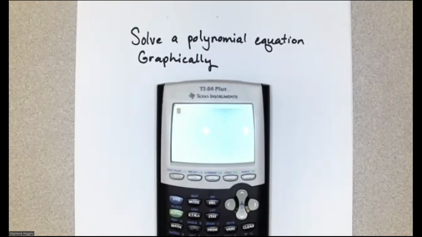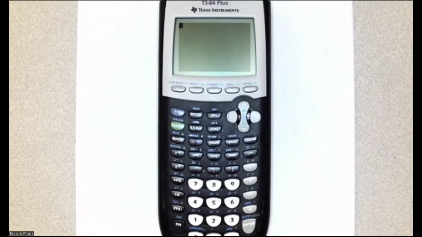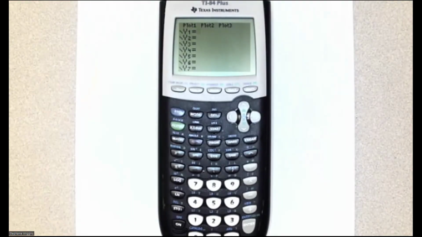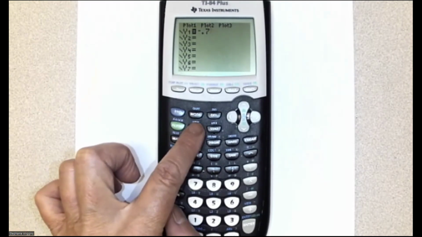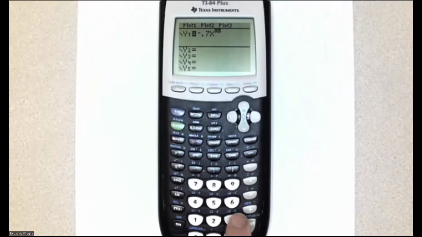So here's my calculator, and I'm going to go ahead and enter in this function. You select y equals, and then you're going to enter the function. You have to be careful. There's a negative out front in our function. Don't use the minus sign, use this. This is for negative. So negative 0.7, and then we have x. To raise it to the power of 3, we select the caret, and then 3, that's going to cube it.